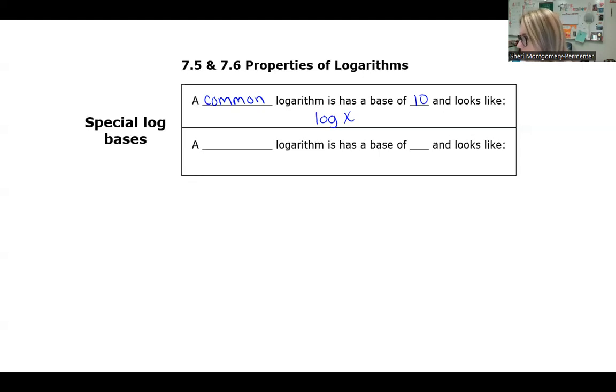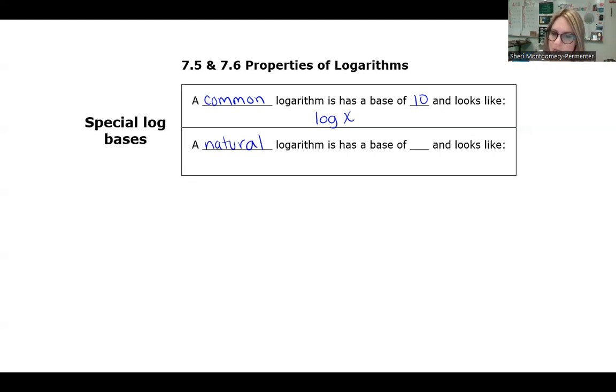These letters stand for natural logarithm. It is a natural log because a lot of times these are used to solve problems that may include nature, like population growth. So it's things that happen naturally.